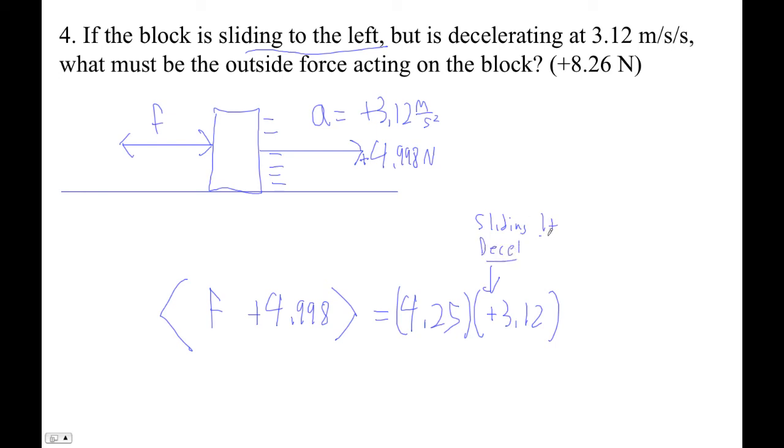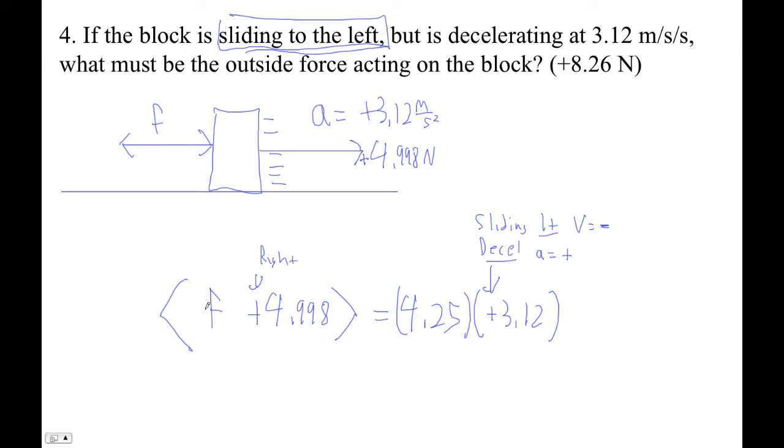If you're sliding to the left but decelerating, the velocity is negative, but the acceleration is positive. These are in opposite directions. That's why it's going slower and slower. Because it's sliding to the left, that's why this force is to the right.